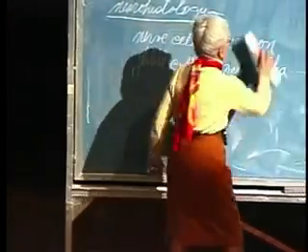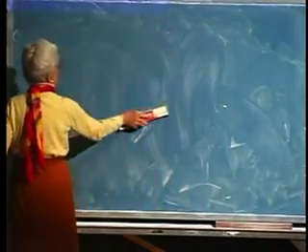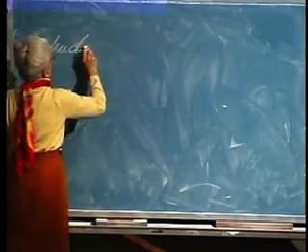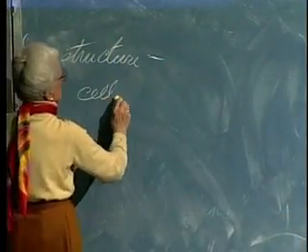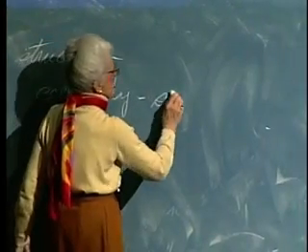So what does a cell look like? Tremendous variation in shapes and sizes. So structure. Well, first we're going to have a cell body. We call the cell body the soma.